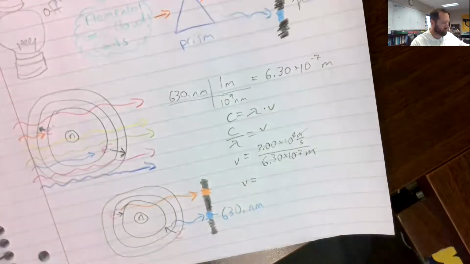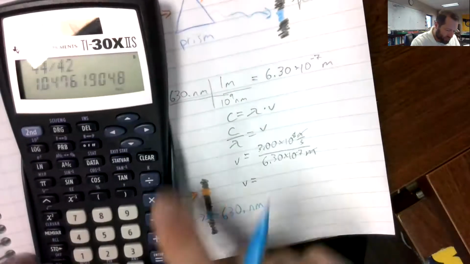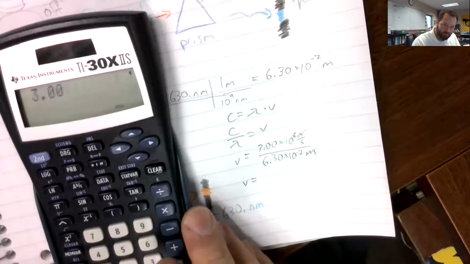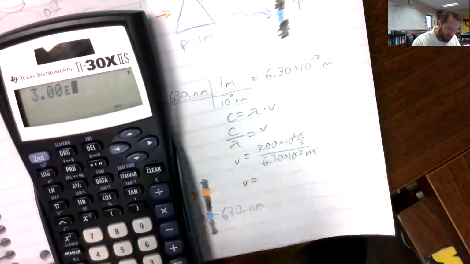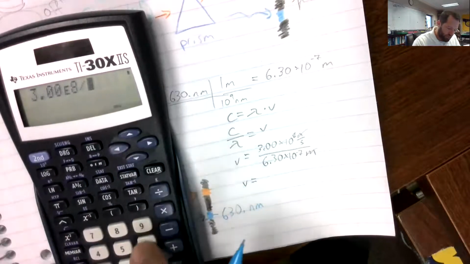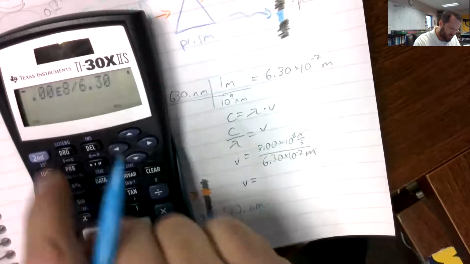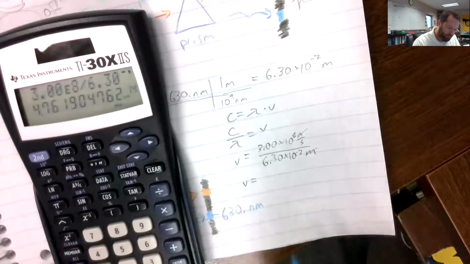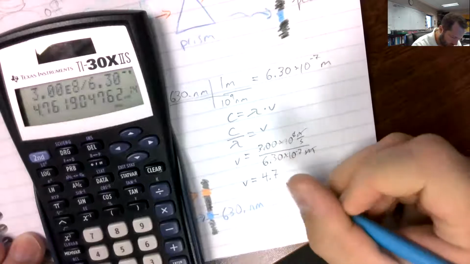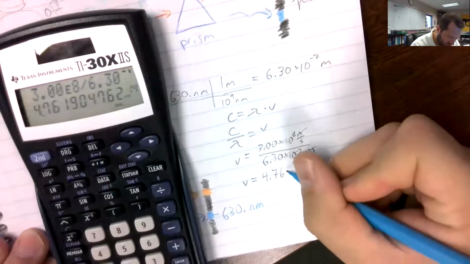But we need to actually perform this calculation real quick, not something I can do in my head, not easily at least. So 3.00, second, big E, get used to using that button, 8, divided by 6.30, second, big E, negative 7. I'm getting 4.7619.